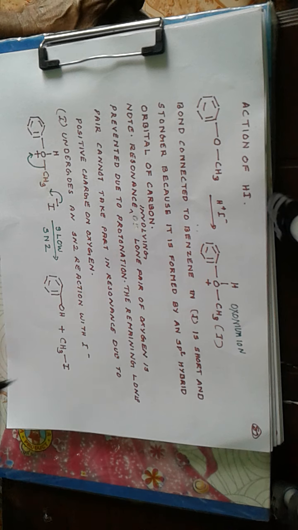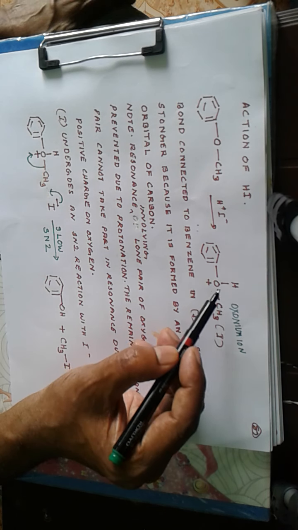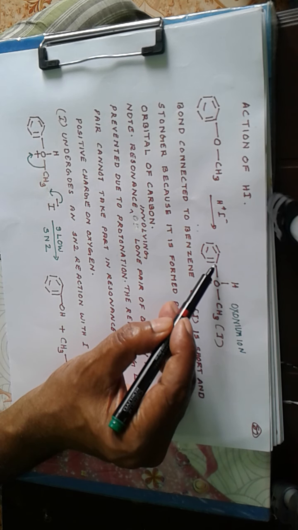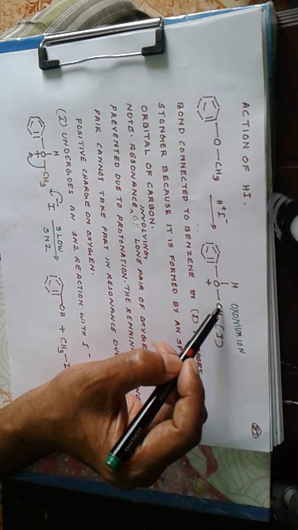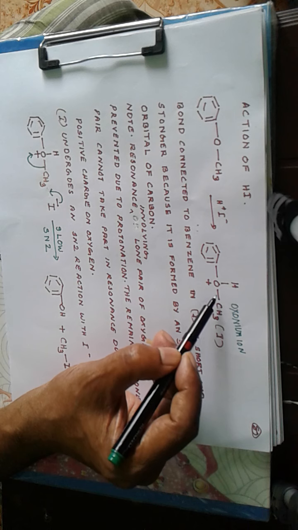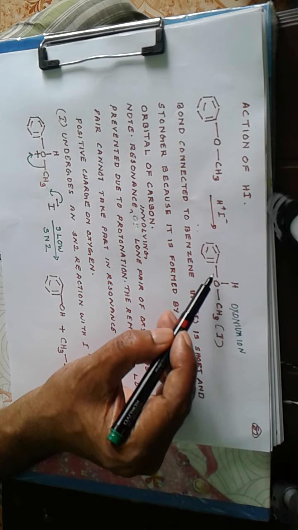Now resonance involving the lone pair of oxygen here is not possible, but this bond is short due to the fact that the carbon here is sp2 hybridized and it forms a shorter bond and a stronger bond, whereas this carbon is sp3 hybridized and it forms a longer bond and hence a weaker bond. So here bond strength is higher.